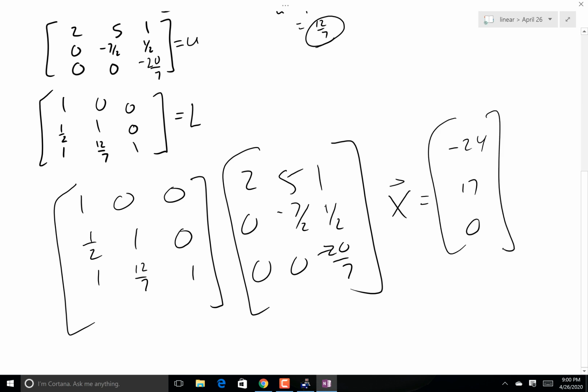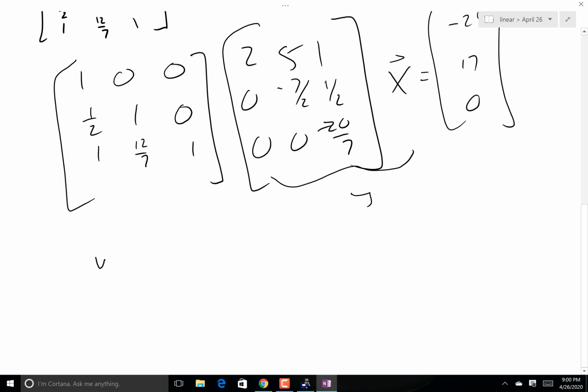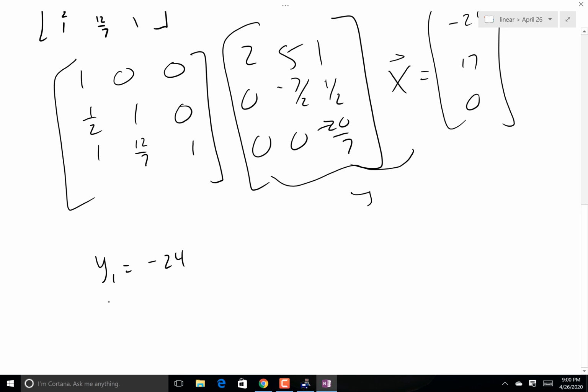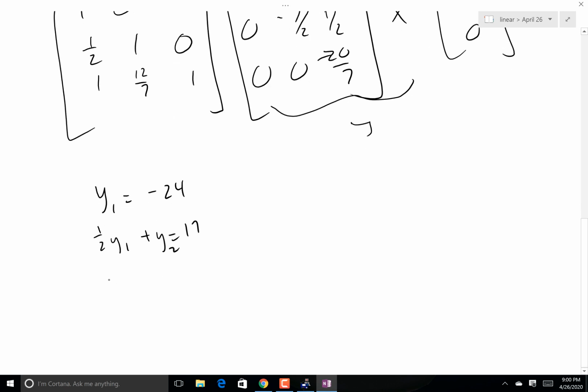Okay, remember, we're calling this bit here y. So that means we got y1 is equal to negative 24. We're going to have a half of y1 plus y2 is equal to 17. And you're going to get y1 plus 12/7 y2 plus y3 is equal to a goose egg.